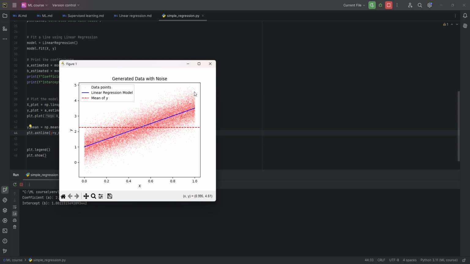And you can see that when we calculate the total variance, the distance of all these points from this mean value is used. And when we are calculating the variance from the model, it is the distance from the blue line. So basically we want to calculate the variance from the blue line divided by the variance from the mean line, and then 1 minus that value.